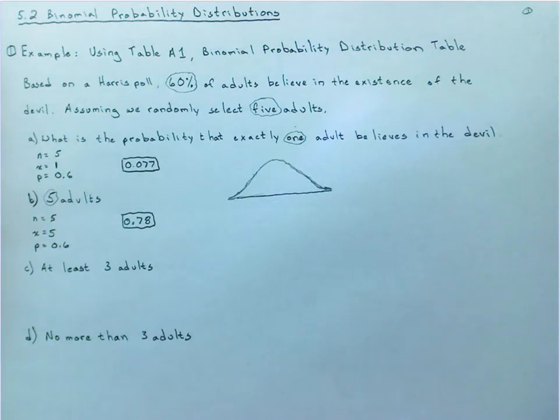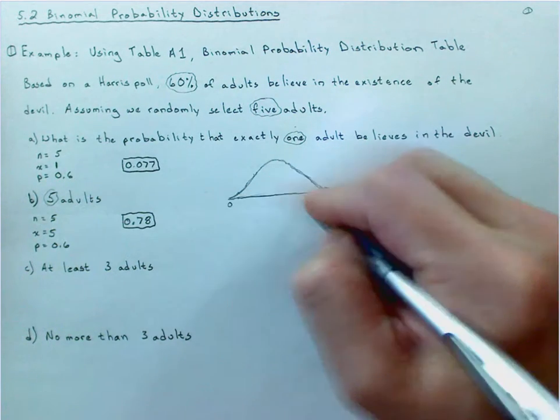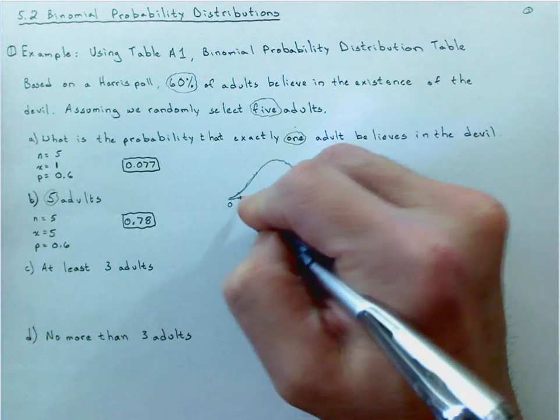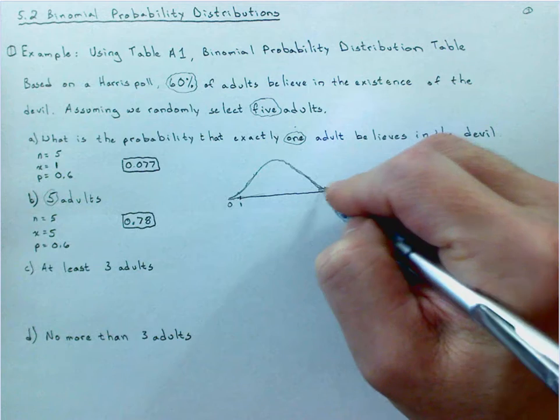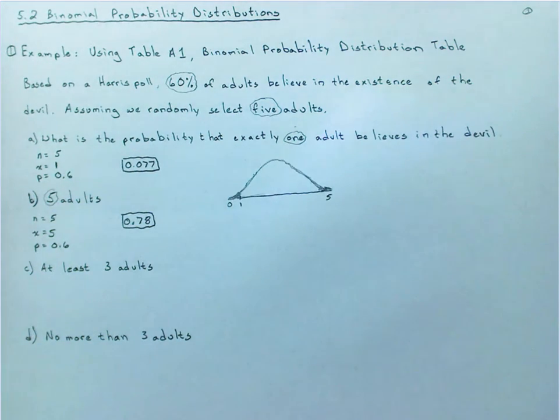What I'm ranging from is 0 to 5, and I'm looking at the 1 and the 5, so we're dealing with very small portions. Just scaffolding our learning for what is to come.